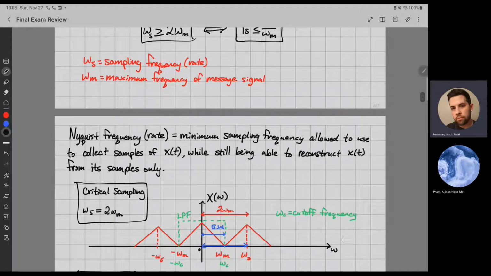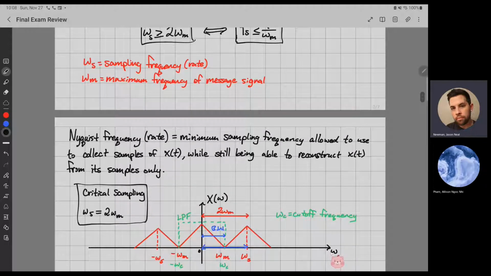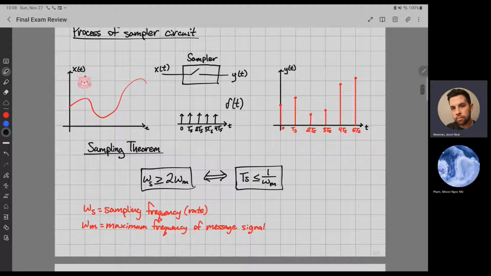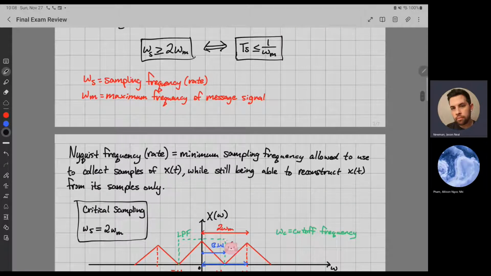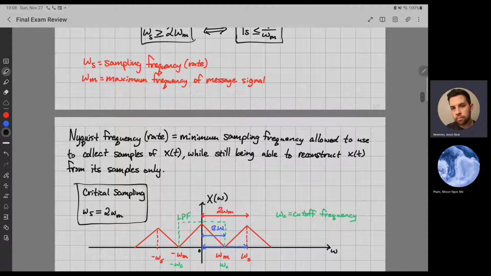This is a totally different thing. And remember, I said earlier, the only way to get to this domain is by taking the Fourier transform of an x of t function. So for instance, if this was your x of t with respect to time, and you wanted to get to this frequency domain, you'd have to take the Fourier transform of that function. So that's the domain we're in.